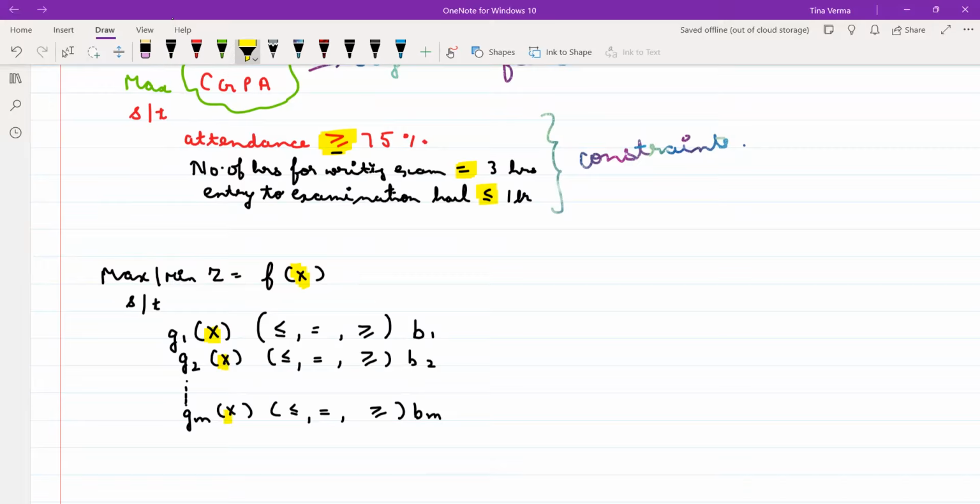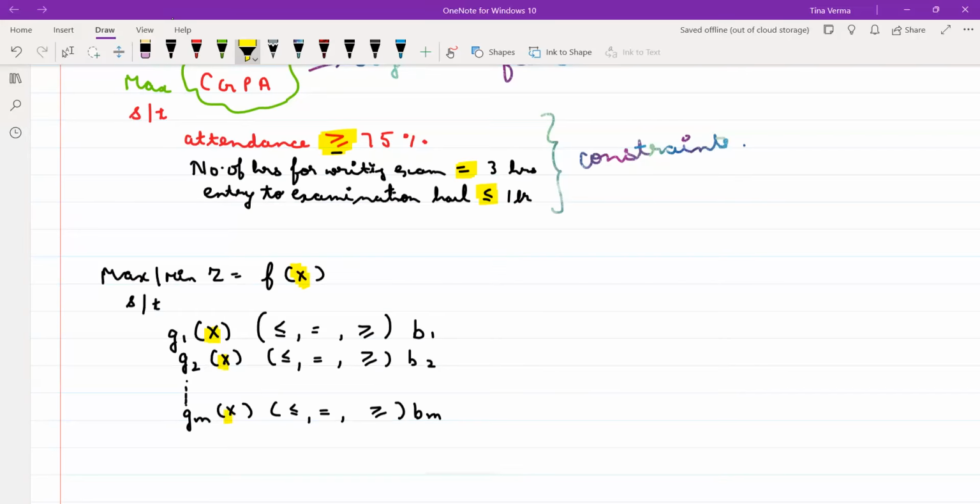So I cannot take the attendance of Khushi or Stuti. I have to take the attendance for Arnav as well. So the variable which you take in your objective function should be the same as in your constraints.